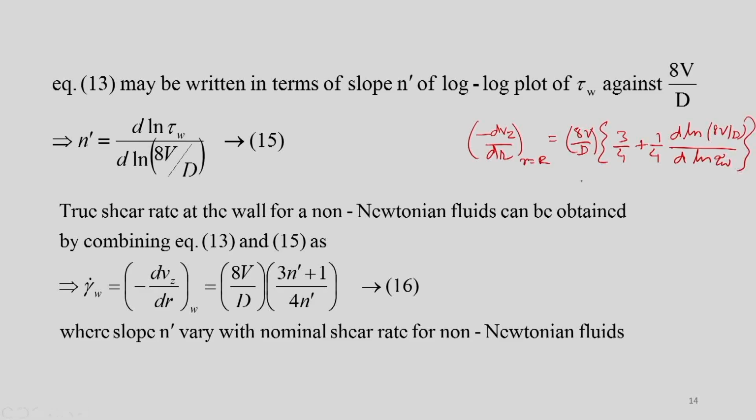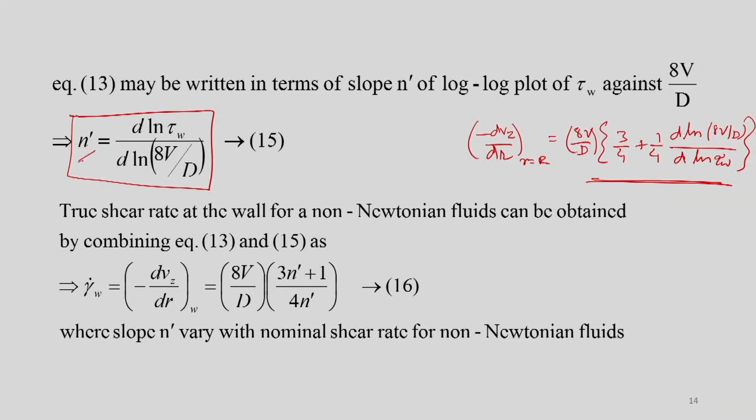If you plot this information on a log plot, that is tau w versus 8V by D, then you may get a straight line of slope n prime, which is given as n prime equals d ln tau w by d ln 8V by D.